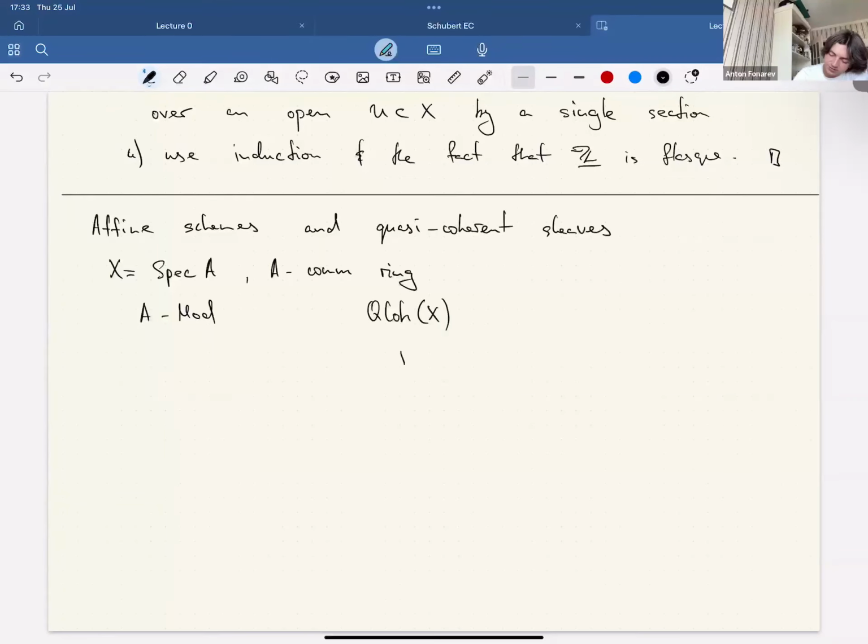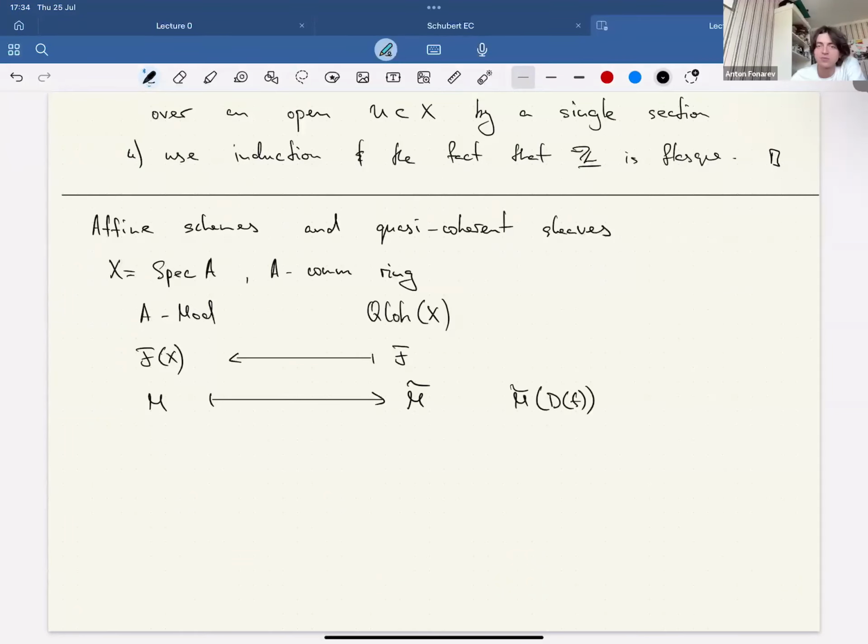If you have a quasi-coherent sheaf, then to it you simply associate the global sections. Otherwise, if you have a module, then to this module you associate something usually denoted by M tilde. By definition, this is the sheaf that to a distinguished open subset given by a single function f associates the localization of M at f. Then you just use the usual procedure to sheafify.